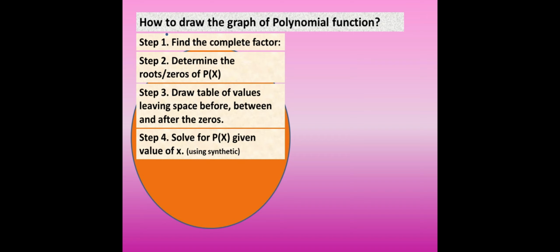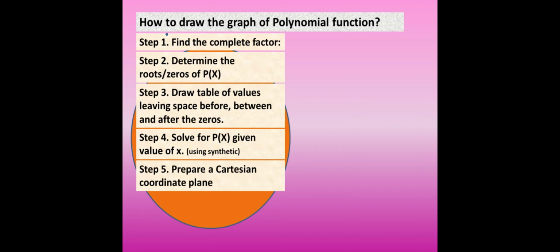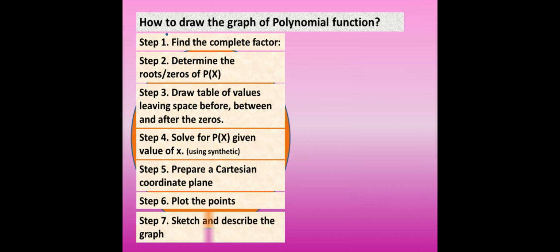We will illustrate later on, step by step. Step 4, solve for p of x given the value of x using synthetic division. Step 5, prepare the Cartesian coordinate plane, the x and the y axis. Step 6, plot the points. And step 7, sketch and describe the graph.